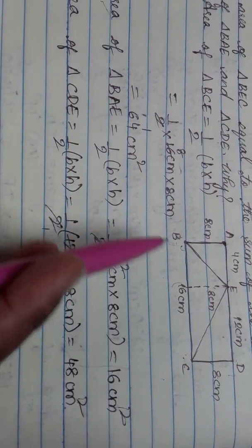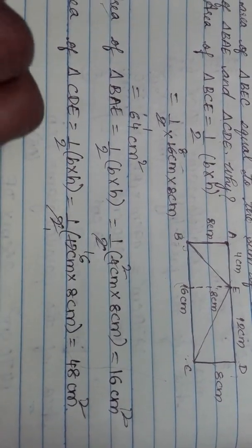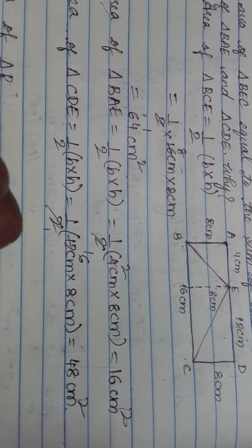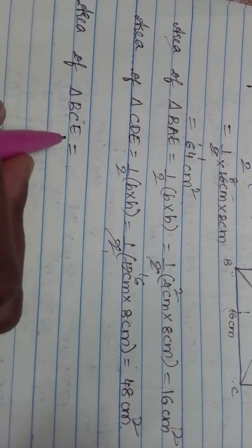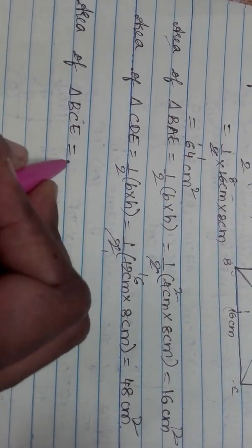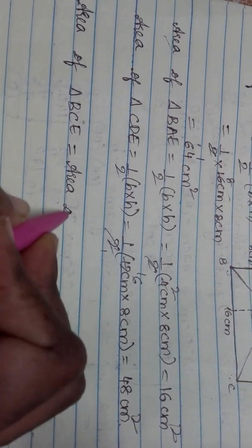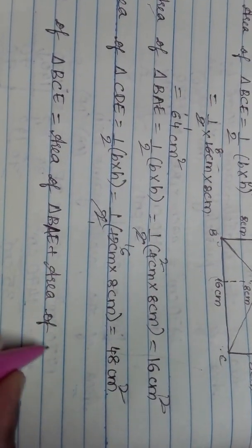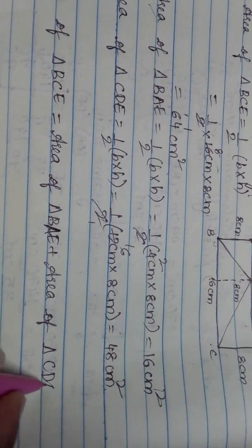So now you have to show that the area of triangle BCE, which we are checking, is equal to the area of triangle BAE plus the area of triangle CDE.